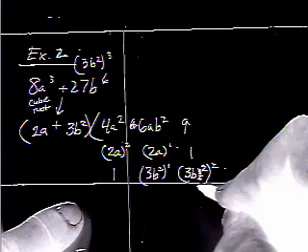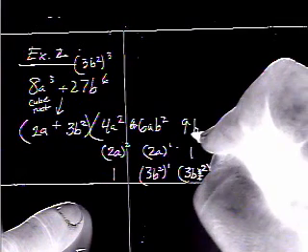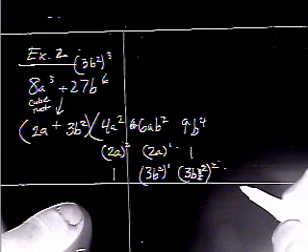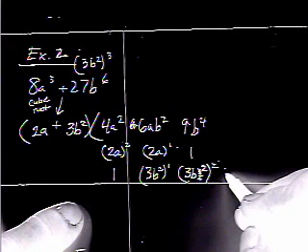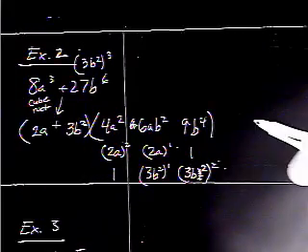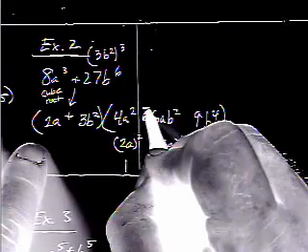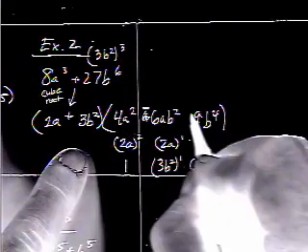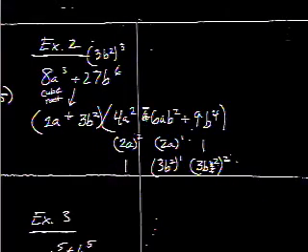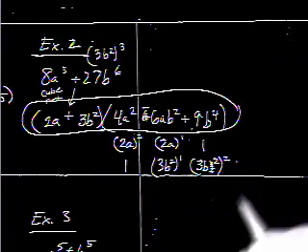And b squared squared would be b to the 4th, because you multiply the exponents together. Because I was dealing with a plus, these will alternate signs. So positive, negative, positive. It always starts and ends with a positive. That's it right there, folks.